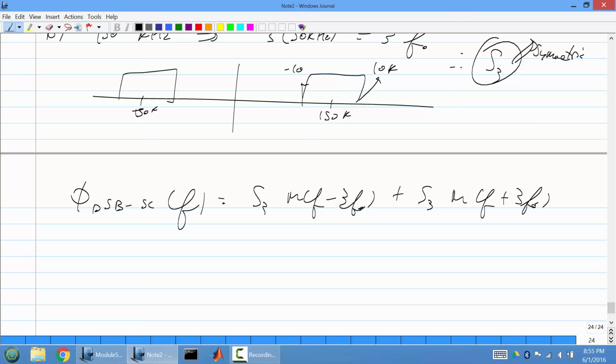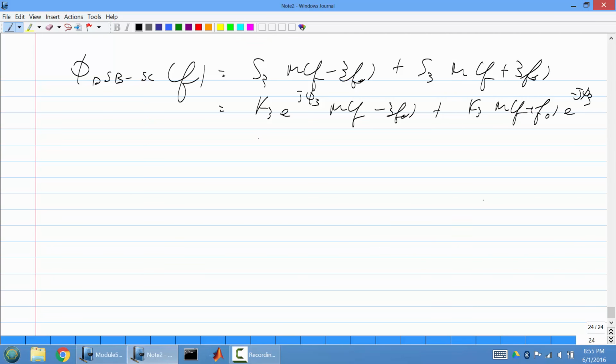If you remember, these coefficients have some phase associated with them. So you have K3 e to the j phi 3 plus K3 e to the minus j phi 3.